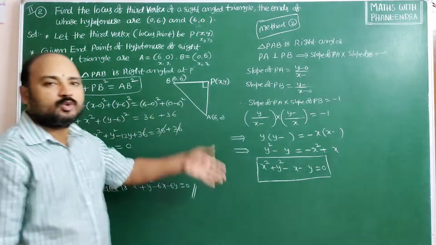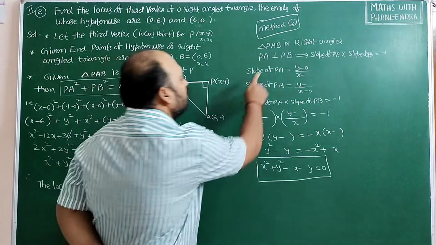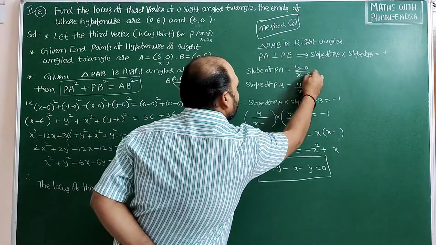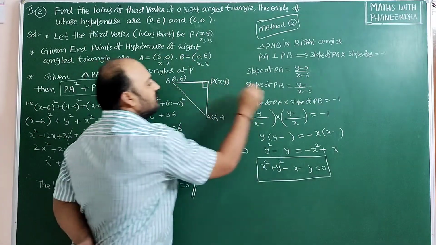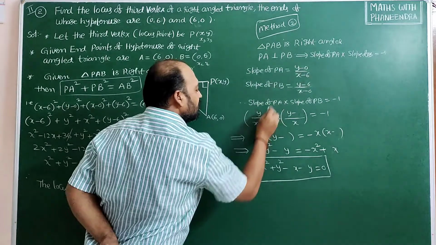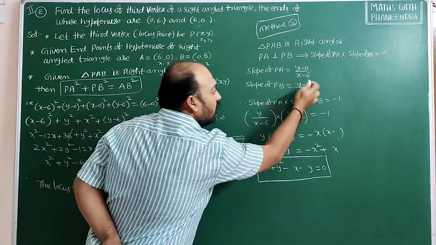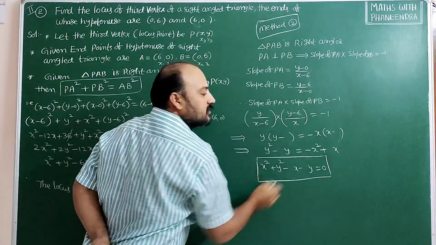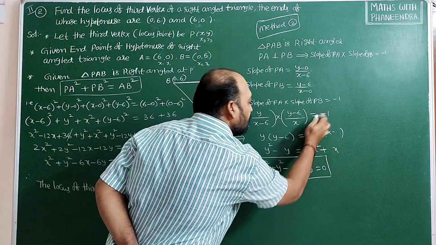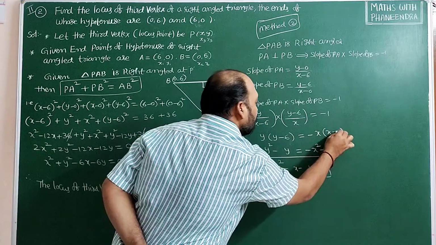So here also method 2, just we will discuss. The slope of PA, y minus 0 by x minus 6. Next, y minus 6 divided by x minus 0. So y minus 0 by x minus 6 means y by x minus 6, and y minus 6 divided by x. So cross multiply, y into y minus 6 equals minus x into x minus 6.